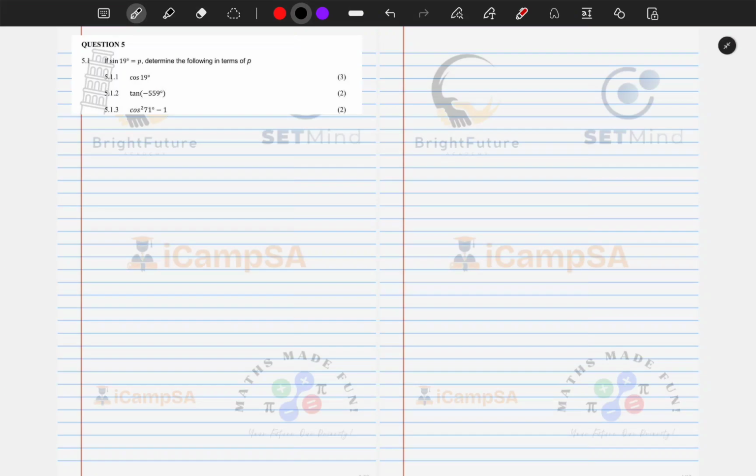So the first thing I'm going to do is write sine of 19 degrees is equal to p, which can also be written as p over 1. And this is the same thing as opposite over hypotenuse, which is y over r.